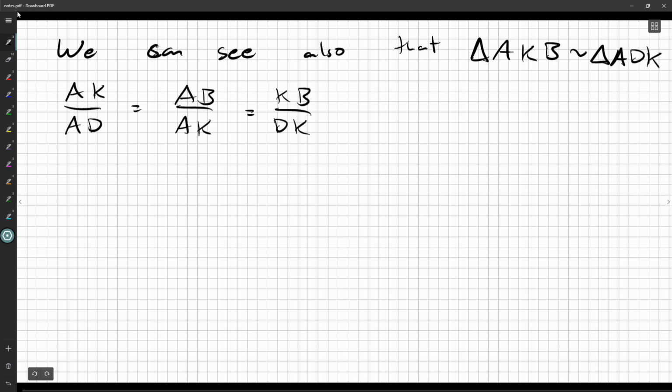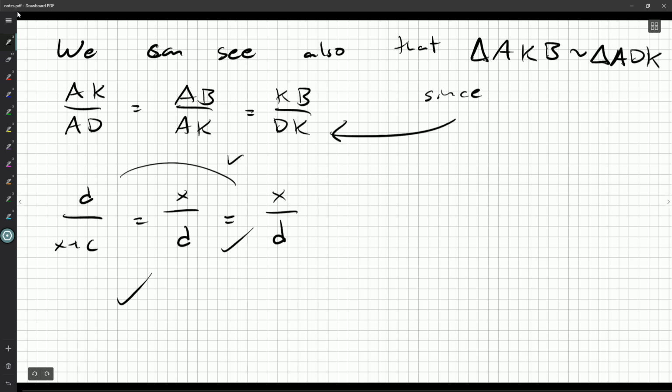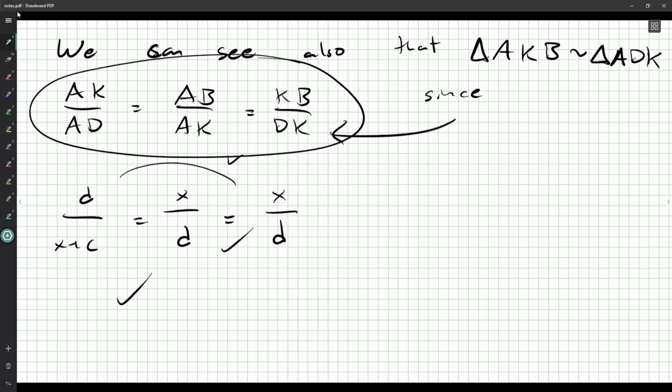So can I show that? So AK is D, AD was X plus C, this was X, so yes, that one holds. KB was X, and DK was D, so that one holds, and so does this one hold. So I'll say since these ratios hold, if the ratios of the sides are all the same value, which in this case is X plus D, then they must be similar.